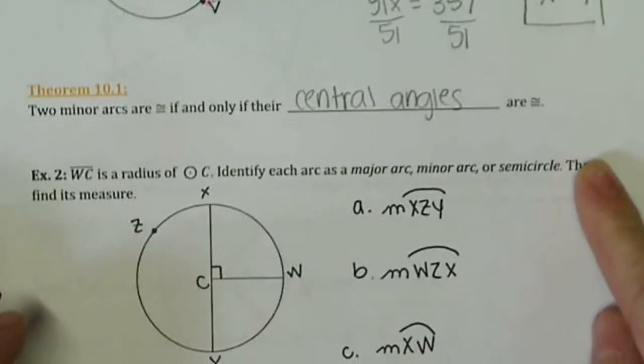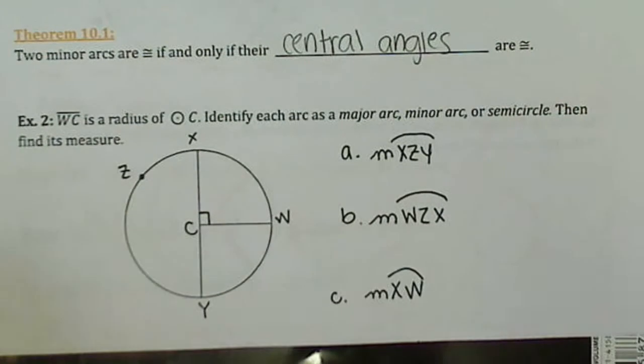So let's talk about arcs. You have a major arc, which is anything that is a larger part of the circle. You have a minor arc, which is minor or smaller, and then you have a semicircle, and a semicircle is special because it is exactly 180 degrees.